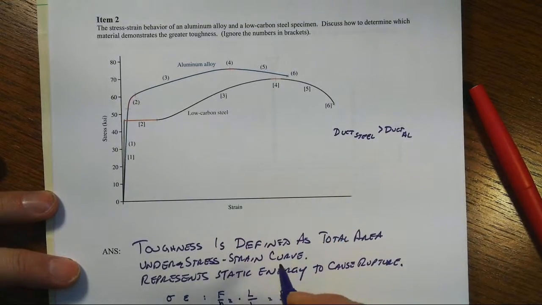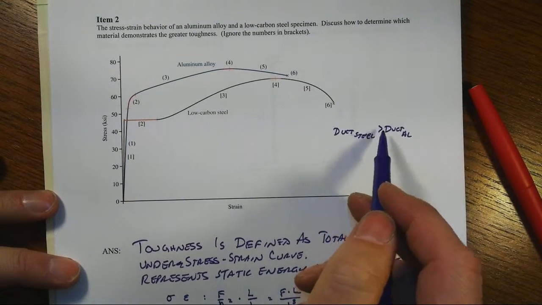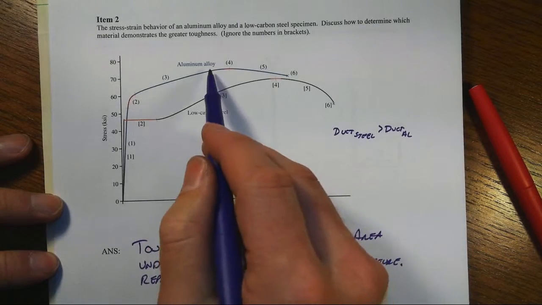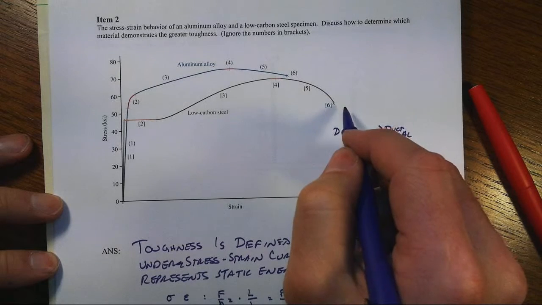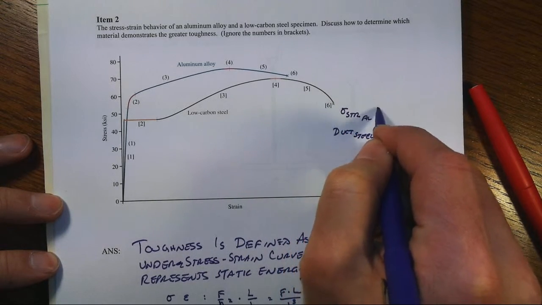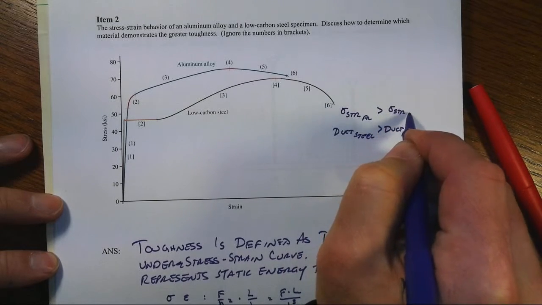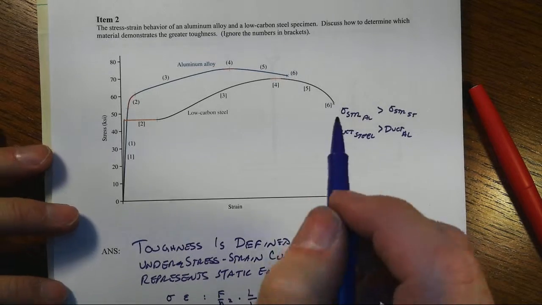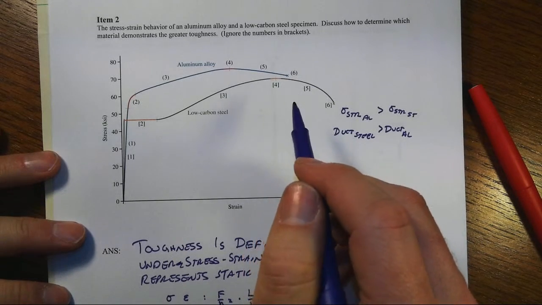But that's not what's really being asked. That tells us a little bit about the two different materials, but it's this total energy, because of course the strength of the aluminum is greater than the strength of the steel.